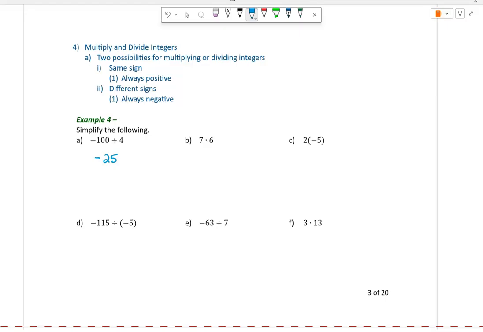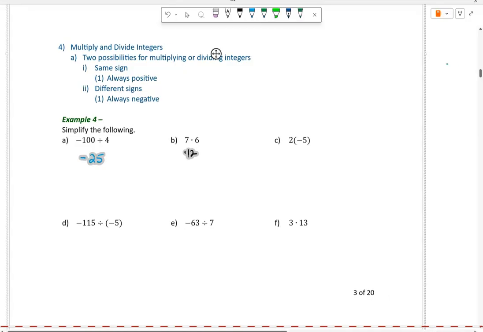How about B, positive or negative? 7 times 6. Positive. Same sign, always positive. What's 7 times 6? 42. How about C, positive or negative? That's 2 times negative 5.